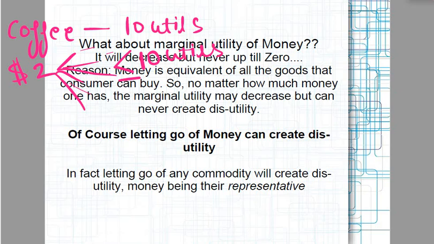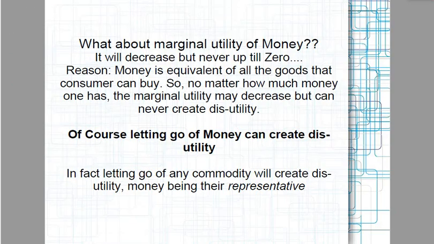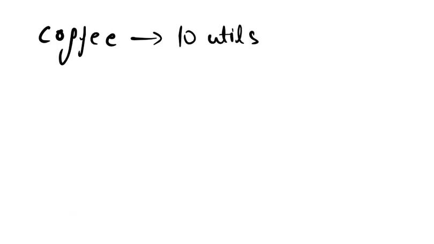Alright, let me get a plain sheet of paper to explain this. So we were saying that if you are spending money to get coffee, let's assume that coffee gets you 10 utils, and the price of coffee is $2.